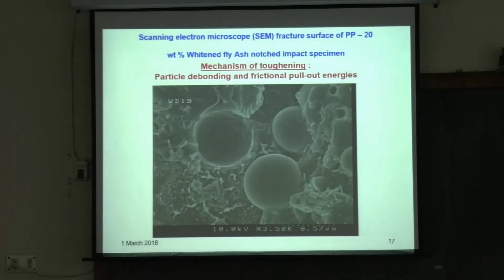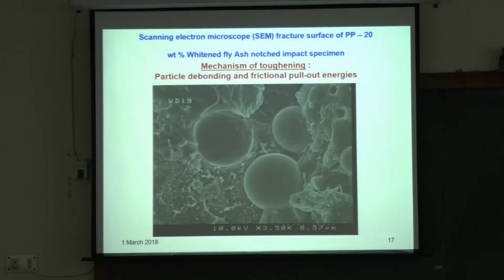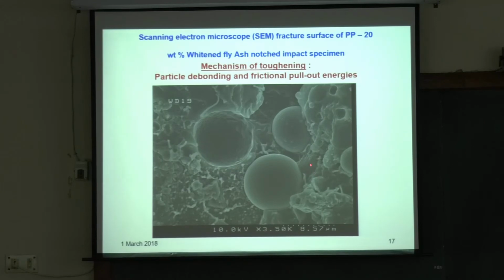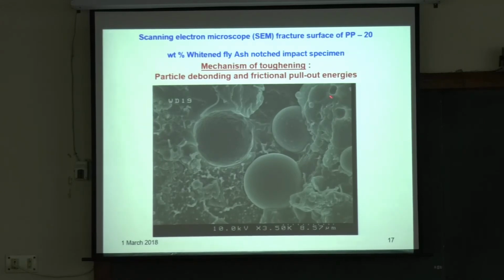So this is where there is percentage. This is 20%, the one which showed the highest amount of impact fracture toughness. And here, the mechanism of toughening is particle debonding and frictional pull-out energy. So some of the particles are debonded from here and pull out.